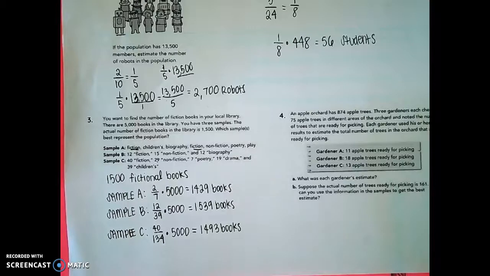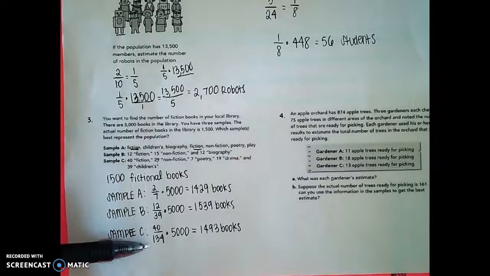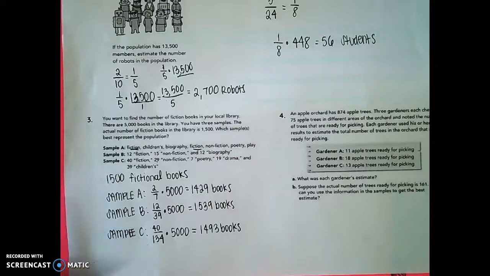Now something else to notice is that we have the biggest sample in this case. A lot of times you're going to see that the biggest sample is also the one that's most representative of the population, because you have more that you're taking from.